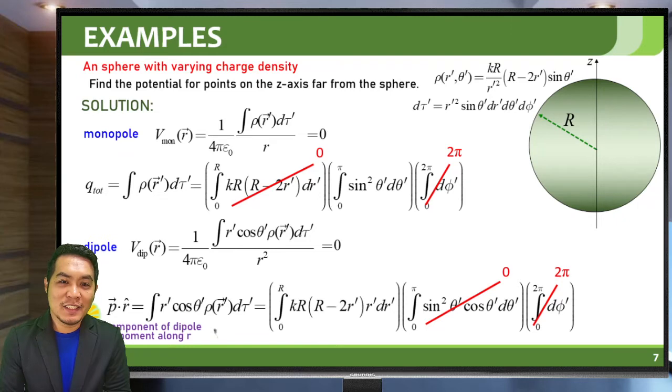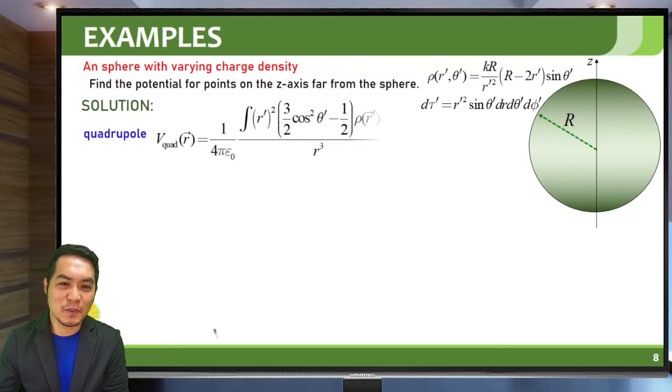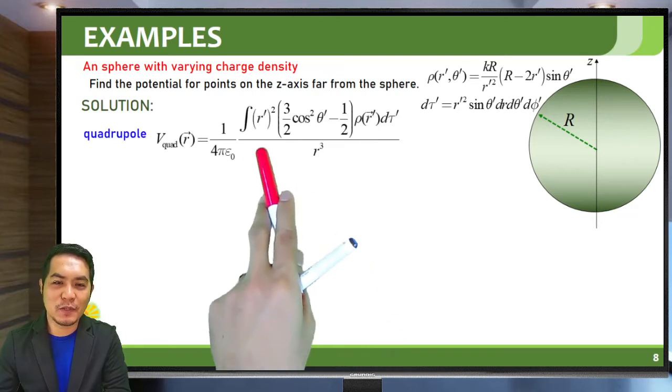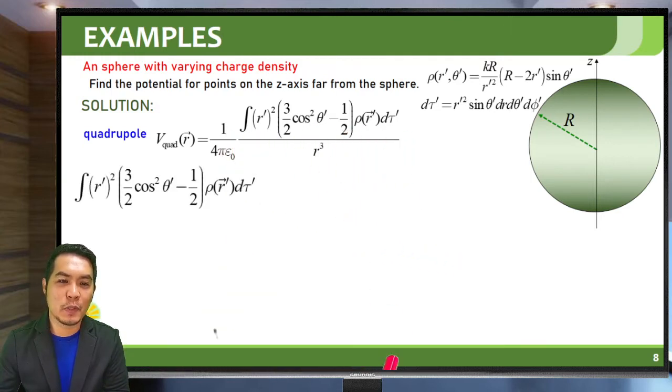Therefore our only chance now is the quadrupole, because I really don't want to go to the octupole term. So I hope the quadrupole is non-zero. Let's now go to the quadrupole term. We need to solve for this integral first before we can evaluate the potential of the quadrupole.